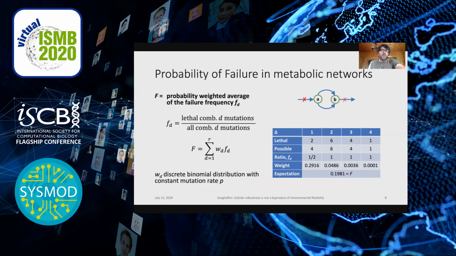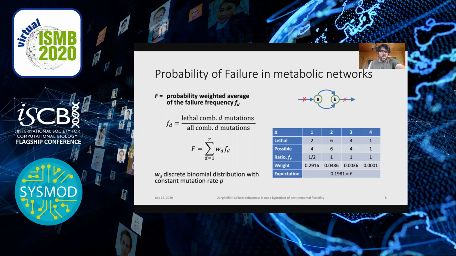Well, we calculate the probability as the weighted average of the failure frequency. What's the failure frequency? Well, failure frequency is easy. We just count the number of lethal combinations if we have D mutations or D deletions, and we calculate the ratio against all possible combinations with D mutations.